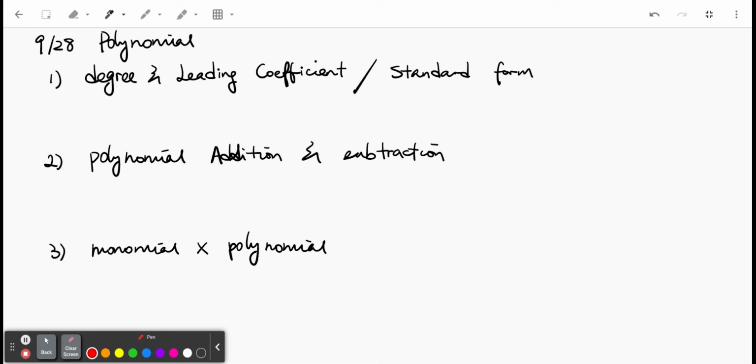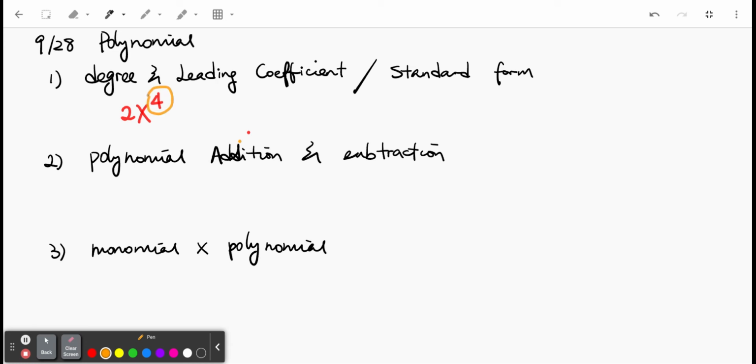So what is the degree? For example, if you see 2x to the power 4, so this is our expression, 2x to the power 4. Our degree is the power of the variable.